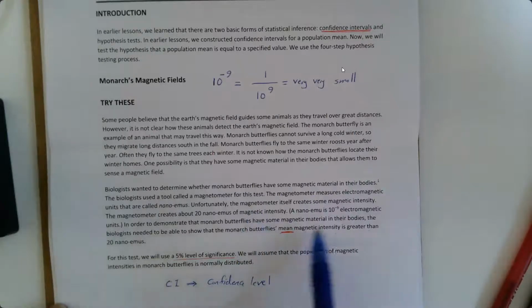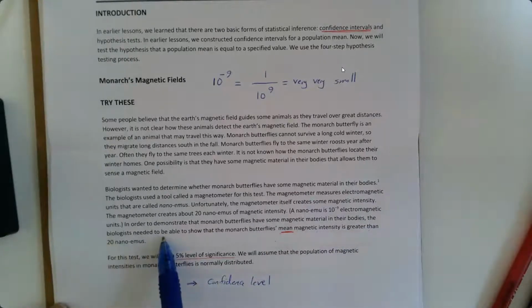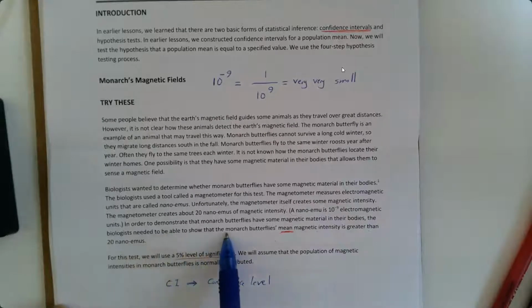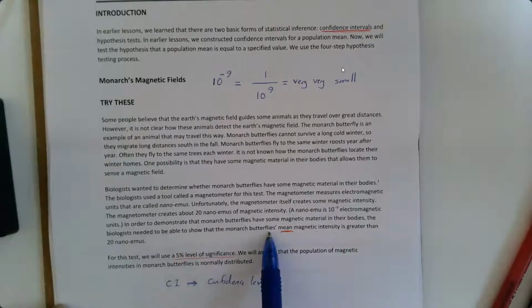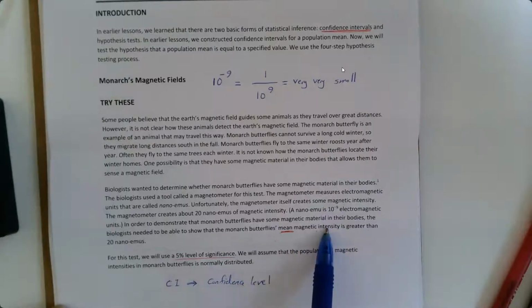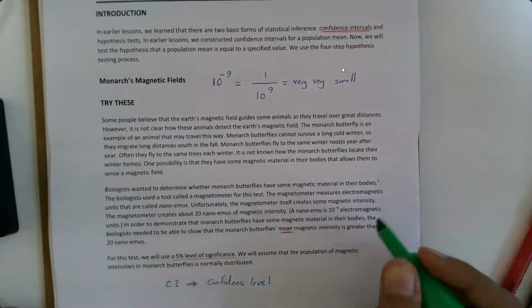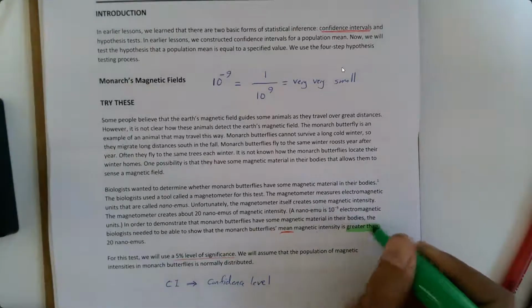On the last line, the biologists needed to be able to show that these butterflies' mean magnetic intensity is greater than. The keyword is given to us, greater than.